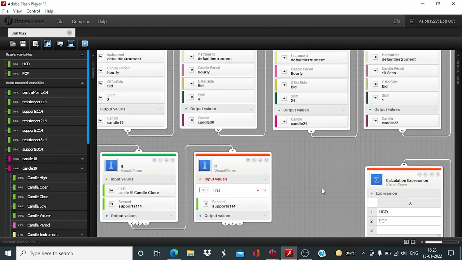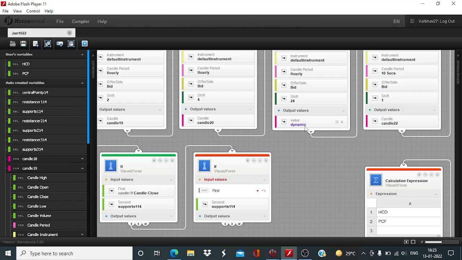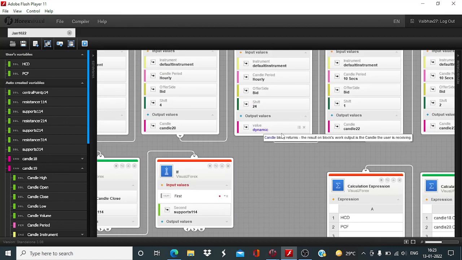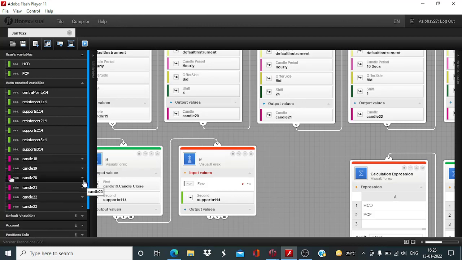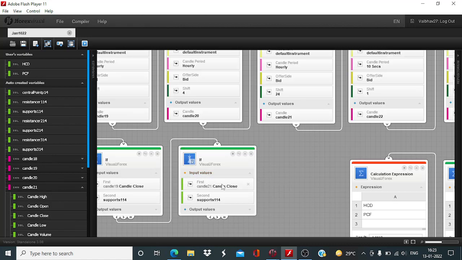And same thing needs to be true for candle 21 candle close also. Its closing value will also need to have been less than support 114.